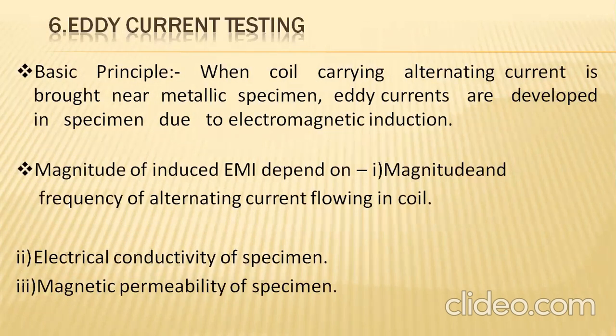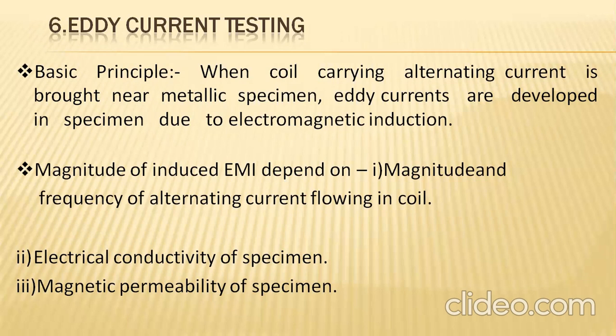Coming to the eddy current testing process, which is also one of the testing processes and plays a major role in the industrial sector. The principle of eddy current testing is that when a coil carrying an alternating current is brought near the metallic specimen to be examined, eddy currents are produced.